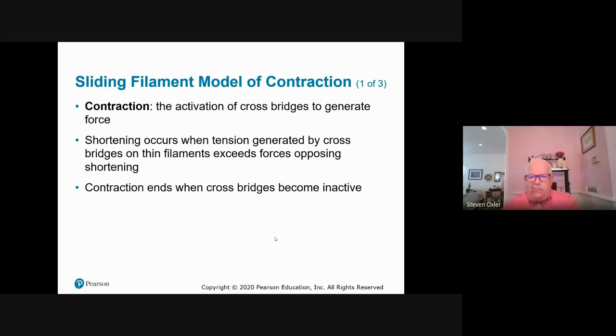Remember what cross bridges are. Cross bridges are the attachment of actin to myosin, regulated by troponin and tropomyosin. Contraction is the activation of cross bridges to generate force.